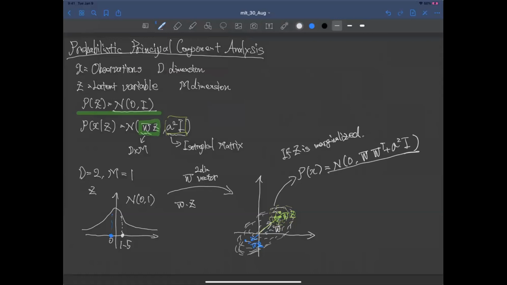So this distribution indicates this distribution.